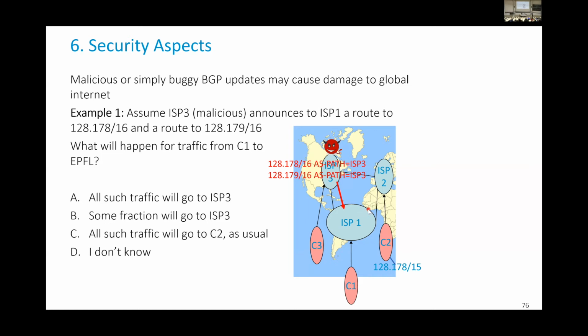So if ISP1 accepts those two prefixes and sees, oh, there are two prefixes, but they are overlapping, I could aggregate them. If we aggregate them, then we would have competing prefixes, and then perhaps the rules of BGP will decide. It's hard to know exactly what will happen, but probably the shortest path will lead to this one here. But if they are not aggregated, they are distinct prefixes.